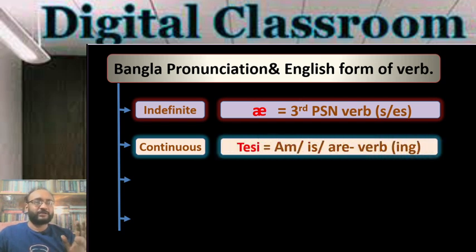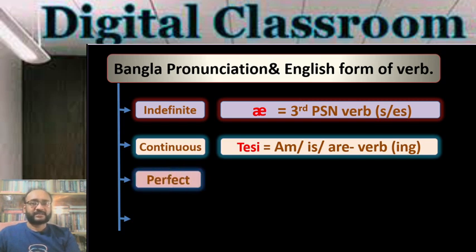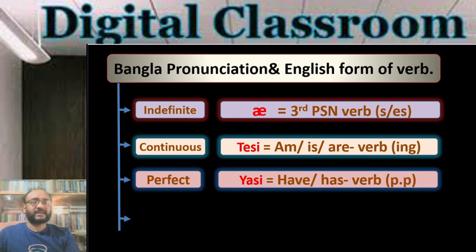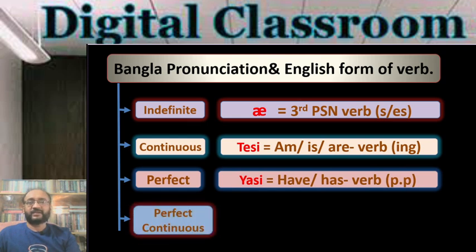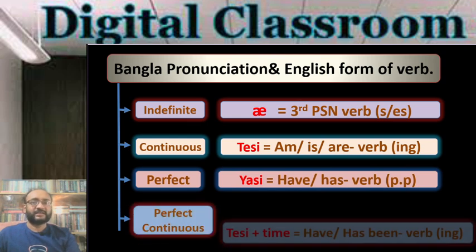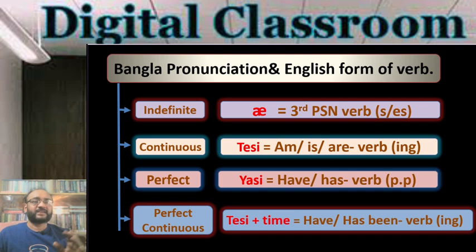If your pronunciation is thesi, khaitesi, gumaitesi, at that time it will be am/is/are plus verb ing. And perfect tense is 'yasi', have or has plus verb past participle. Next one, present perfect continuous tense, that means 'thesi' plus time. So you have have or has been plus verb ing.